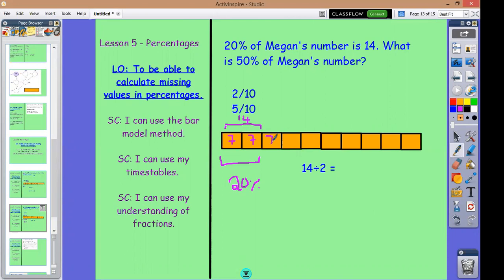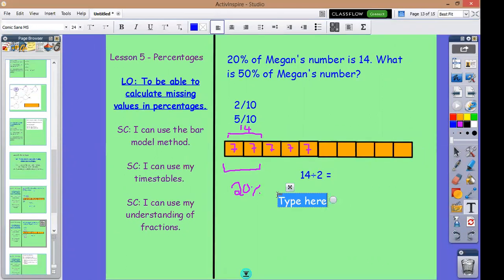I could do 7 until I get to 50%, which would be here, which is 5 boxes. So I could add that all, or I could just do 7 times 5, which is what I'm going to do because I know 7 must equal 1/10. 7 times 5 will equal 35. So 50% of Megan's number is 35.